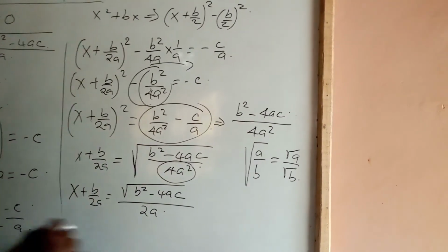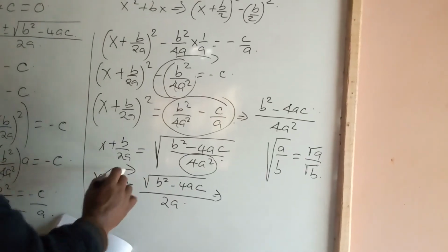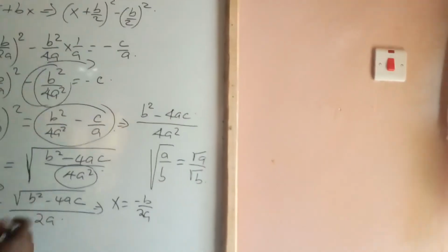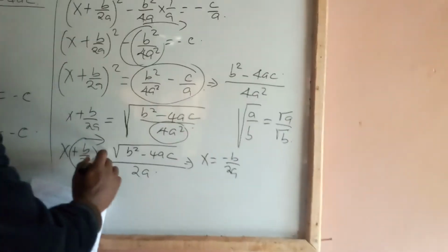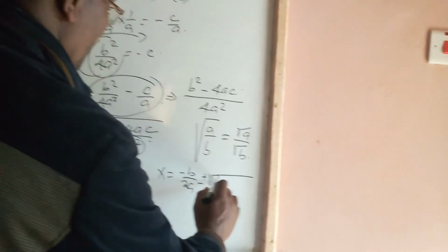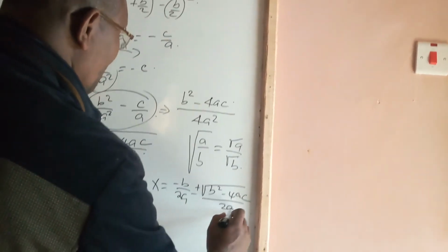And at that particular point, we realize that if you bring b over 2a across, you're going to have x equal to minus b over 2a. Of course, the square root of any number is plus or minus. So plus or minus the root of b squared minus 4ac, everything over 2a.